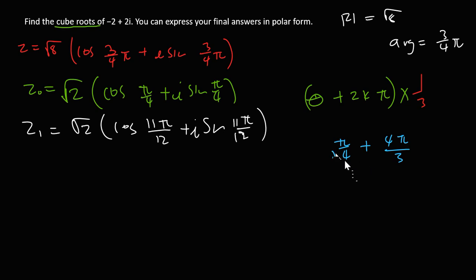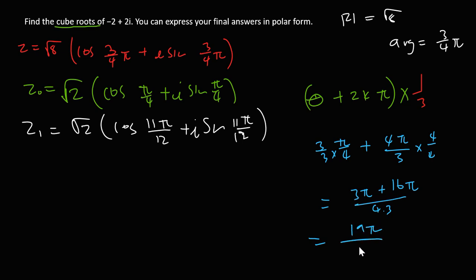We just make it to be 1 denominator, multiply by 3 over 3, multiply by 4 over 4, and then we're going to have 4 times 3 here. Then we're going to have 3 pi, and this by this gives me 16 pi. 16 pi plus 3 pi, 3 plus 16 is going to give us 19 pi all over 12.